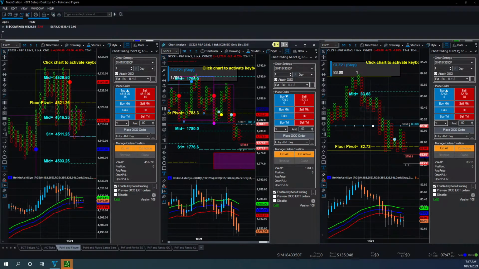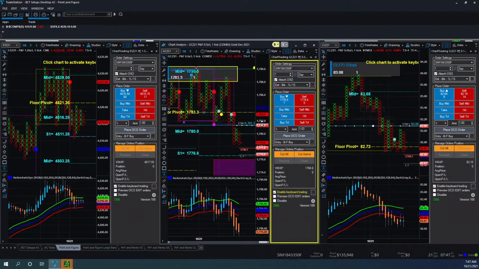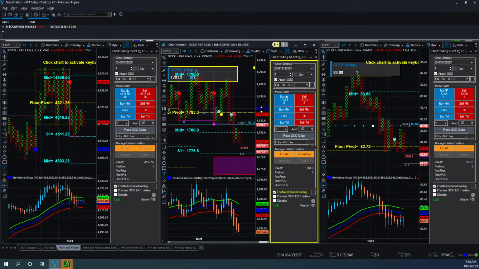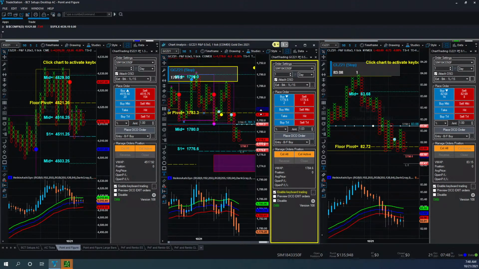Let's see if this bounce in gold fails, to the upside, I mean. And it keeps moving down. Seems that it wants to break, right at the 200 in the 30 minutes.